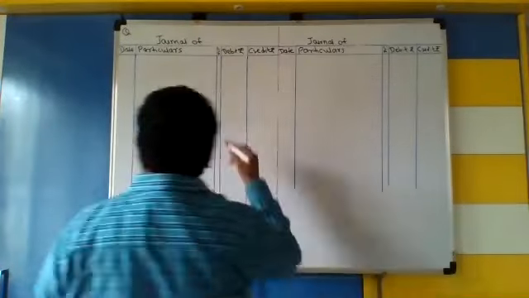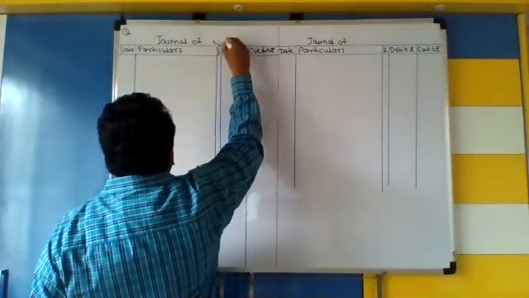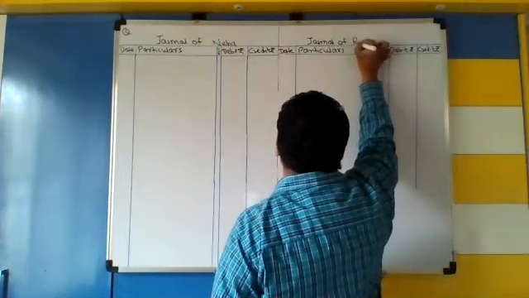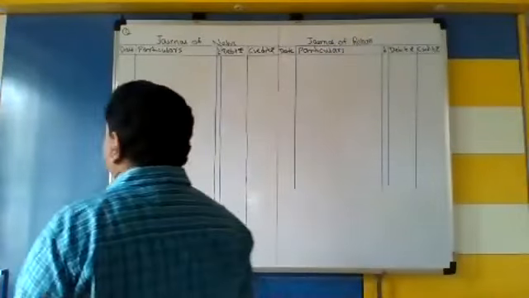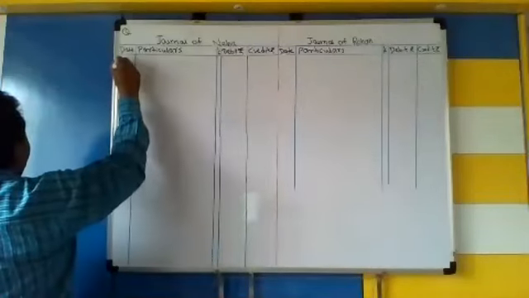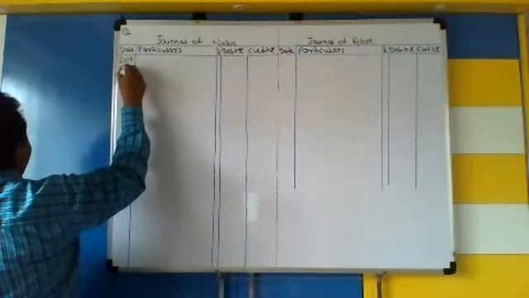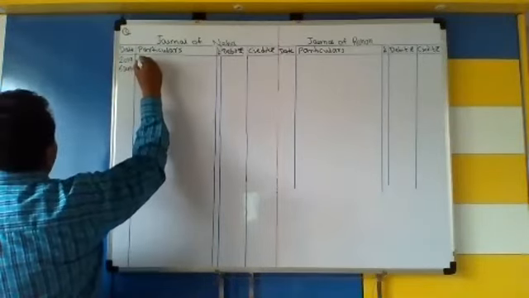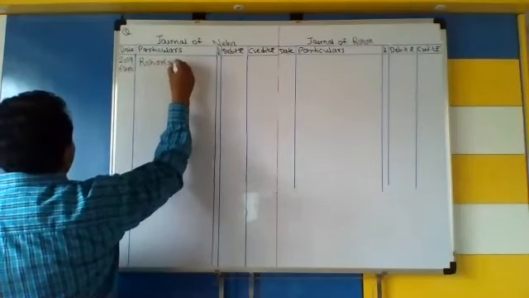Okay, so this is the journal of Neha, and this is the journal of Rohan. The starting date is 6 September 2019. The first entry for selling goods is Rohan account debit to sales.